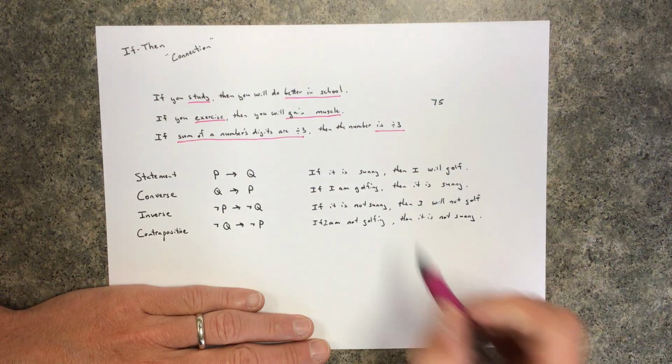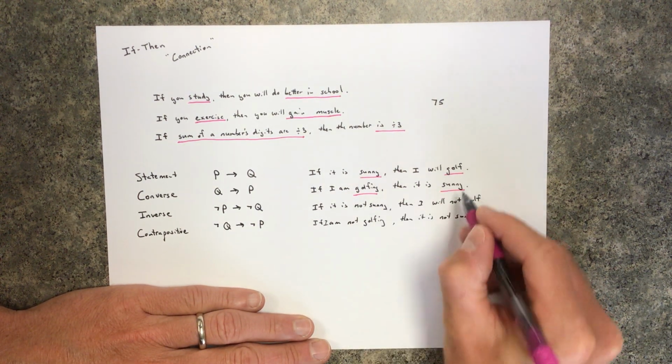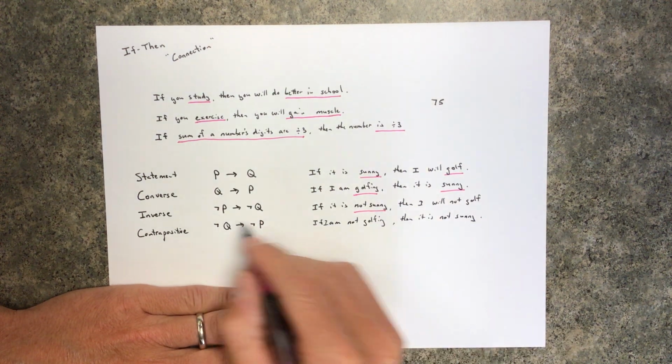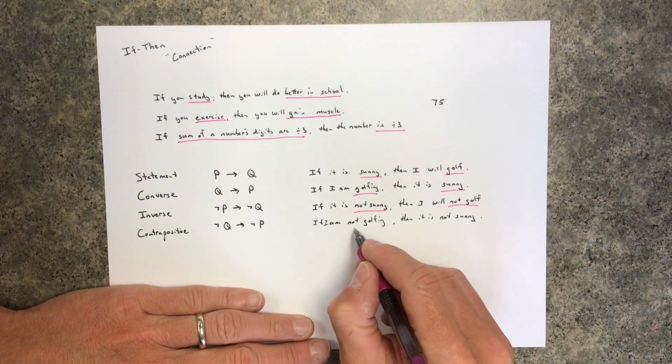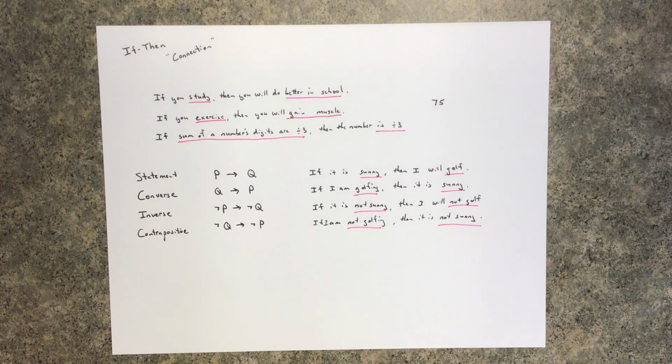Okay, so we have sun to golf, golf to sun, not sunny, right? Not P, not golf, and then not golfing, not sunny. And what I really want you to think about is the equivalence of those things.